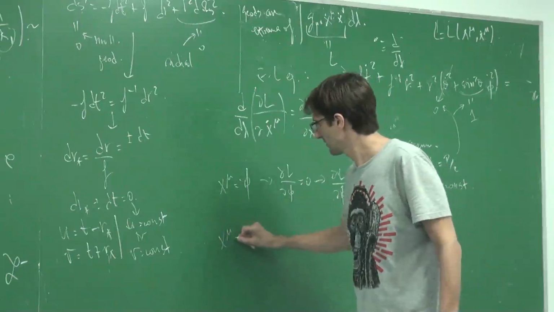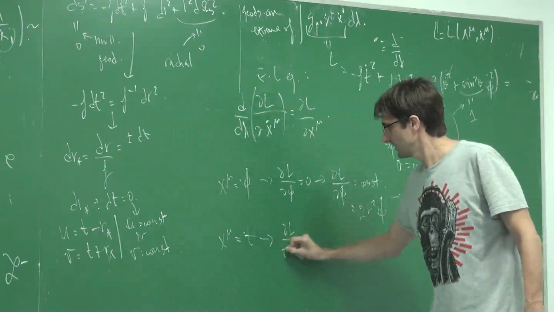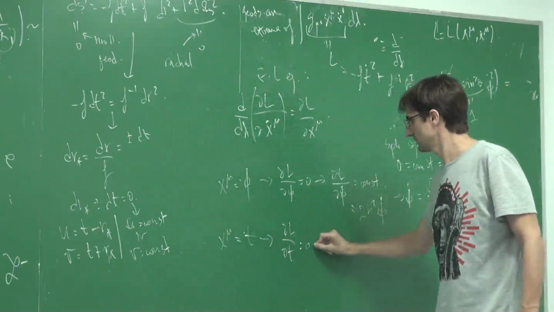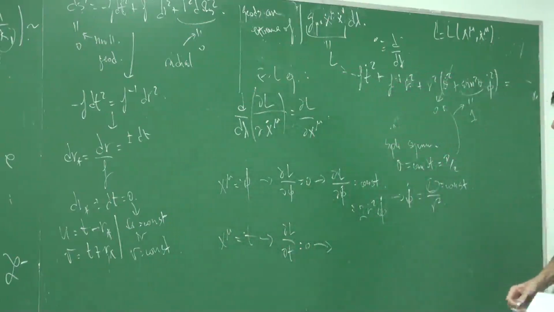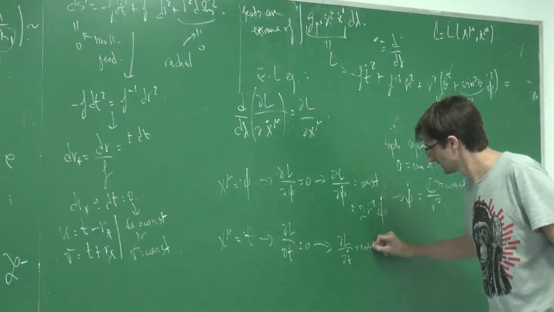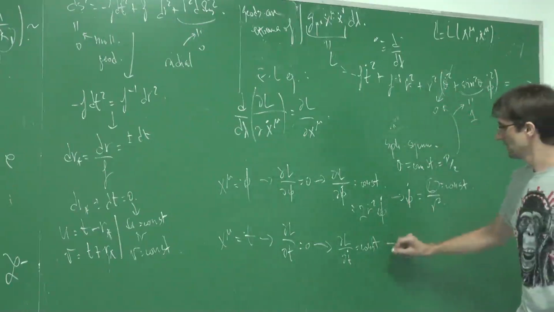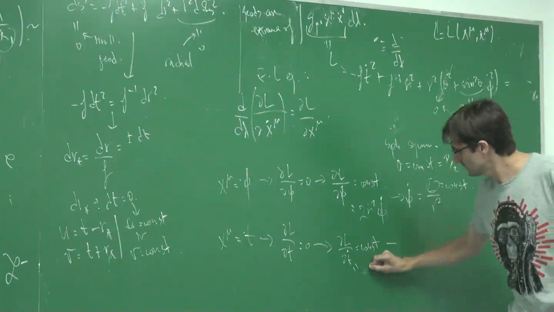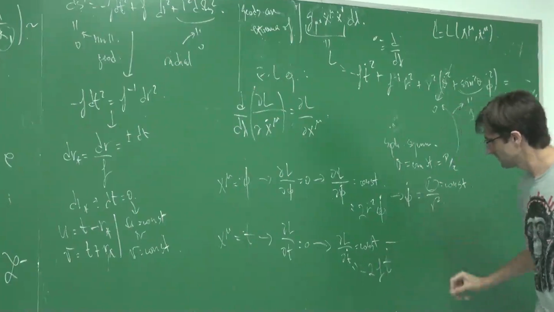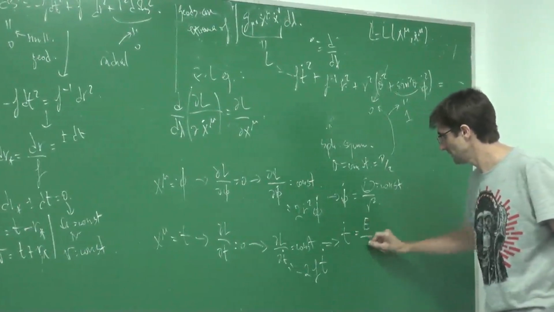Now you do it for t. Again, the Lagrangian is independent of t. Static. That tells you that this is constant, and so this is minus 2f t dot. So that tells you that t dot is some constant divided by f.